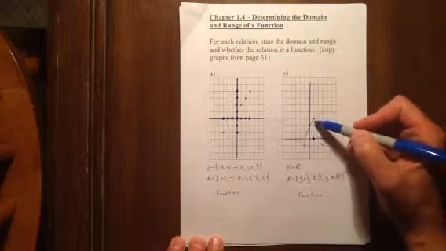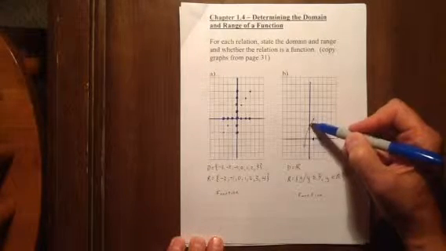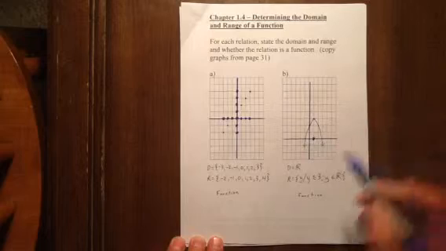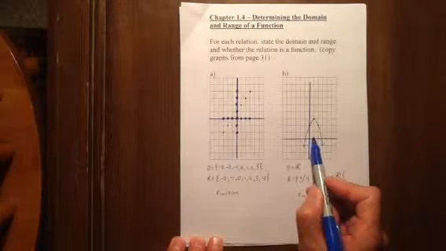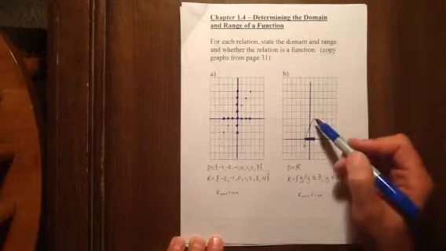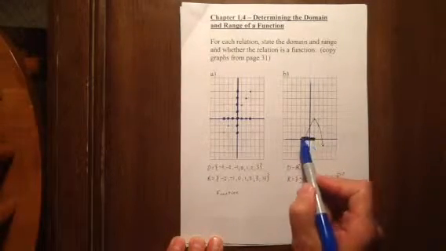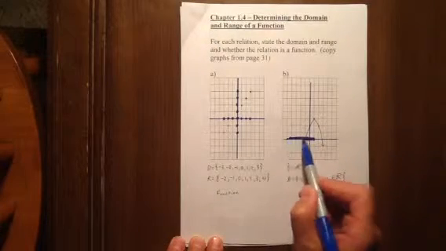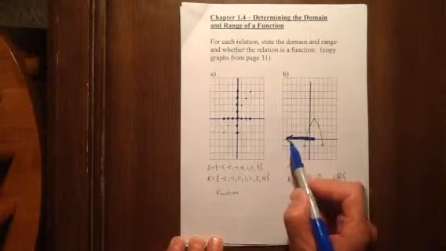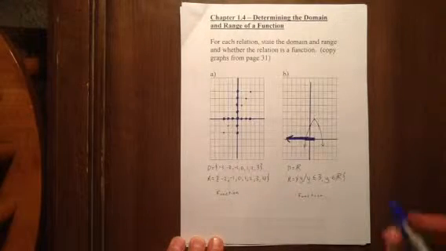Now, as we proceed to the left from that point, we see that we start to fill in the x-axis in this direction. And parabolas are ultimately infinitely wide, so this parabola will ultimately go as far to the left as possible, infinitely far.